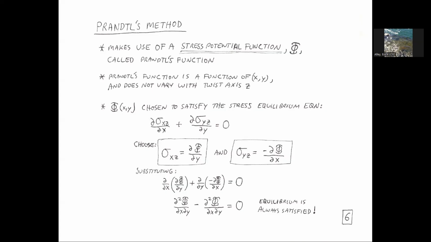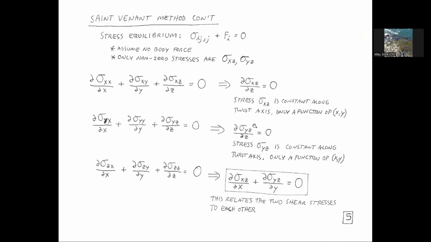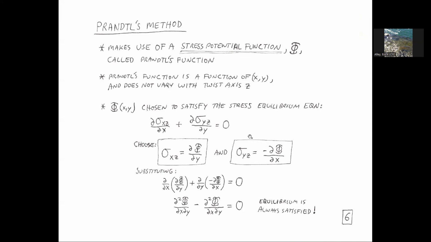Might be one derivative, might be multiple derivatives down. But that's the definition of a stress potential: it's some function, we choose it, and we make the derivatives equal to our stresses. It's an in-plane function, so it's going to be the same every time we slice it. That makes sure that our stress distribution doesn't change with z, and we saw that from these two equations. It says we're not supposed to change the stress with z, only with x and y.